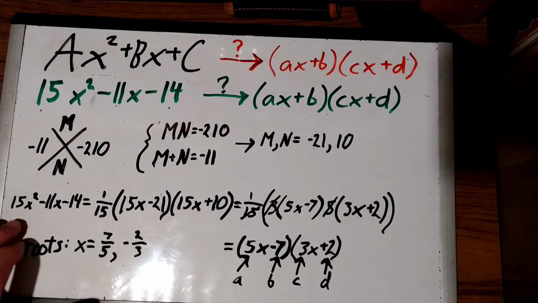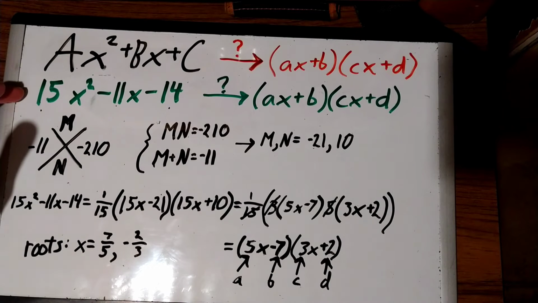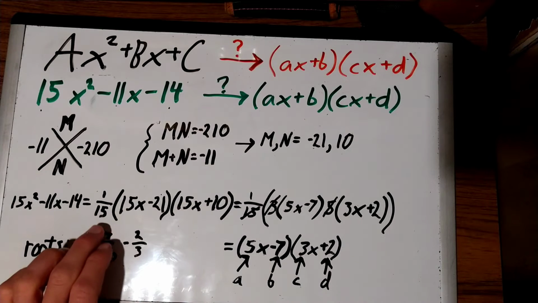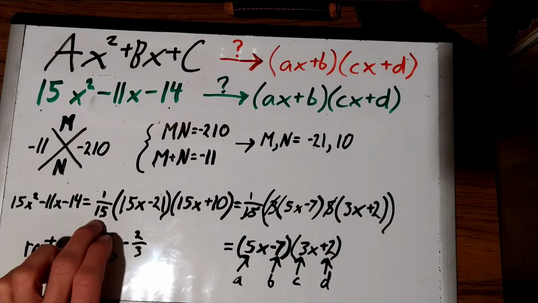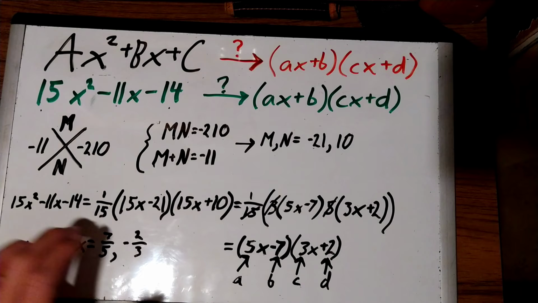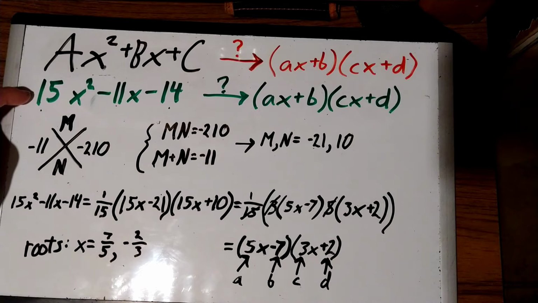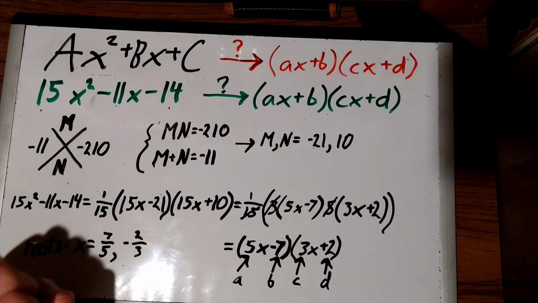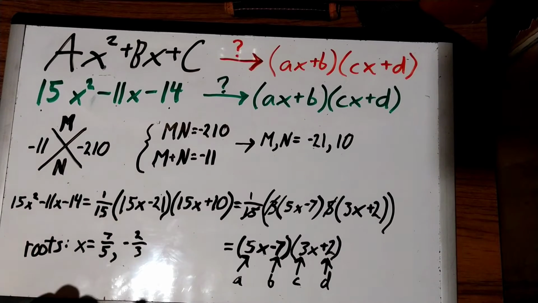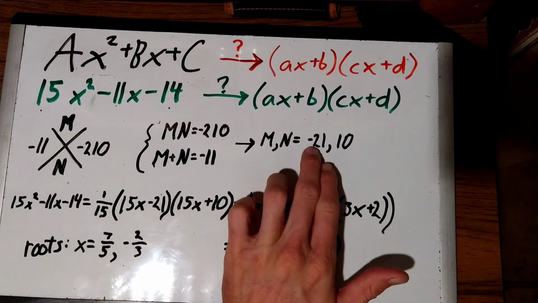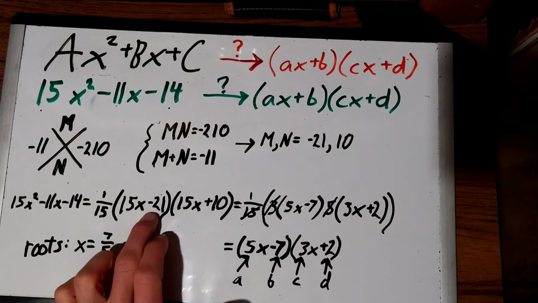Okay, so my next step is I'm going to rewrite the equation I was given. From my identity, I know I can rewrite it like this, where 1 over a is 1/15, multiplied by a times x, 15x, plus one of my values, and since it's a minus 21, I'm going to subtract 21.